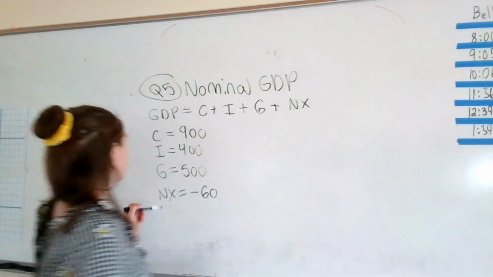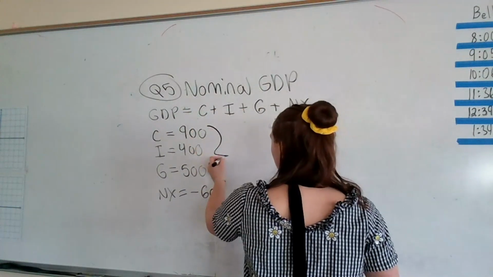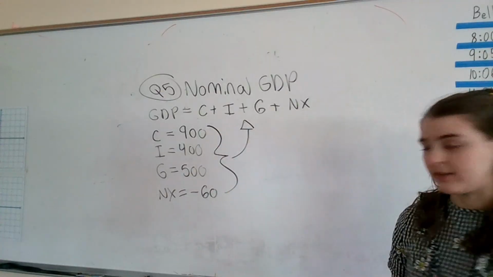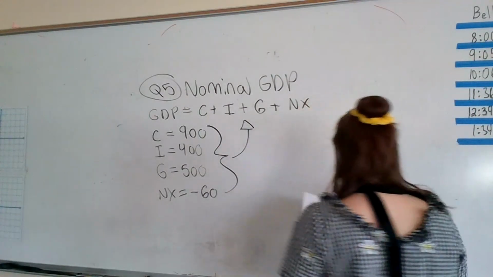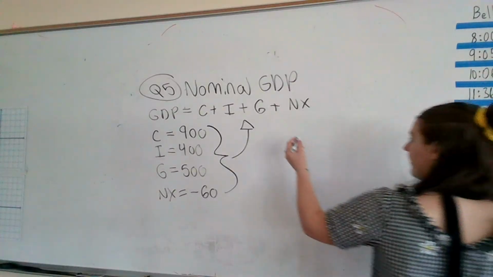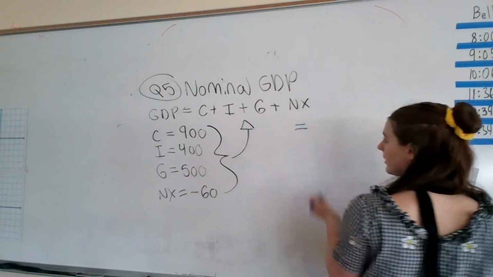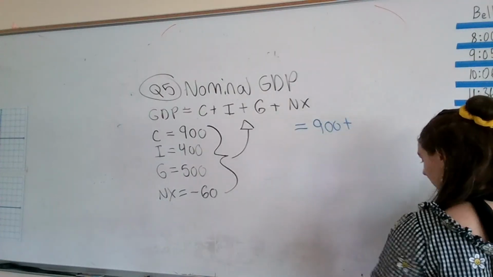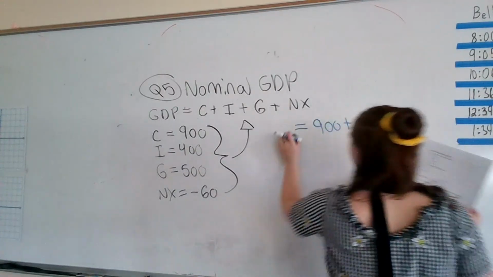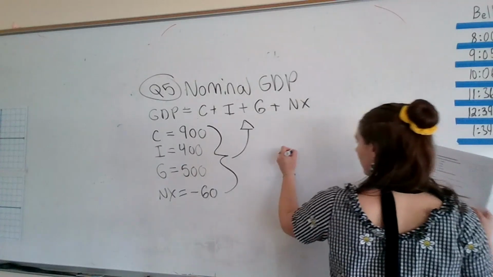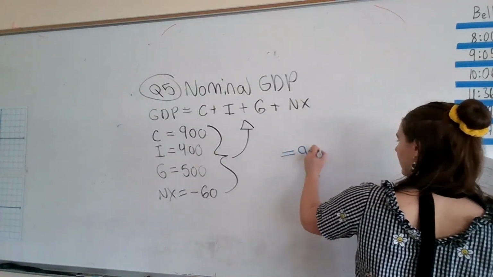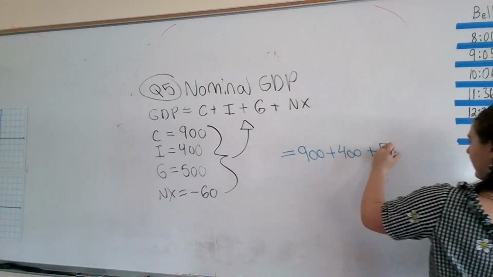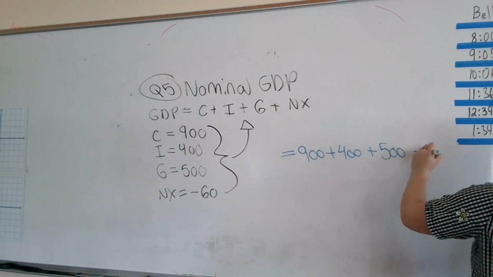So our formula again for GDP is this one up here. All we gotta do is plug these values in. We got 900 for consumption, 400 for investment, 500, and then minus 60, right?